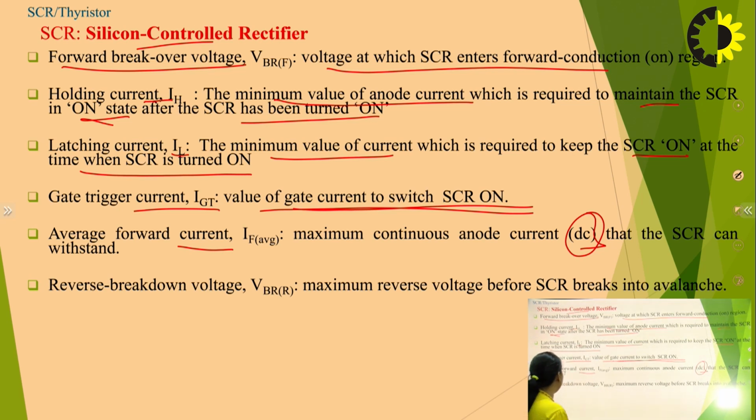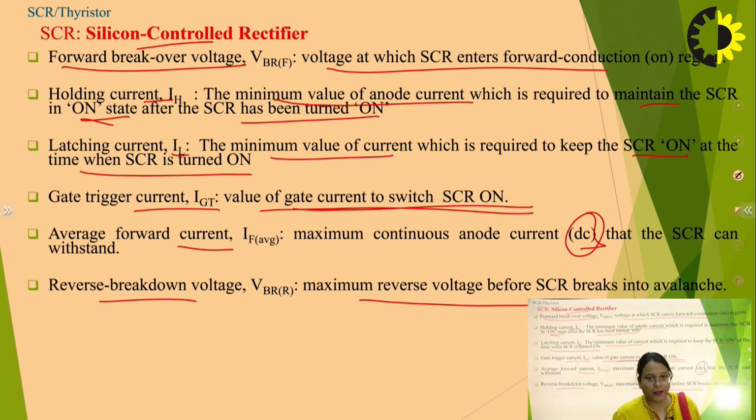And the reverse breakdown voltage is the maximum reverse voltage before the SCR breaks into avalanche, and the current will exceed its permissible value, temperature will exceed its permissible value, and a very high reverse current will flow across the device, due to which the device may get damaged. Okay, so these are some terms related to the VI characteristics of the SCR.